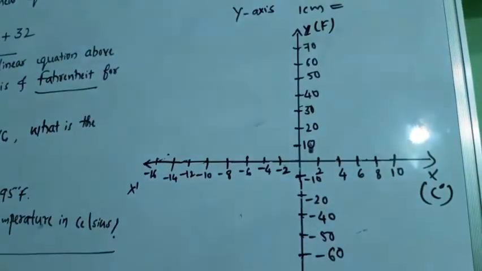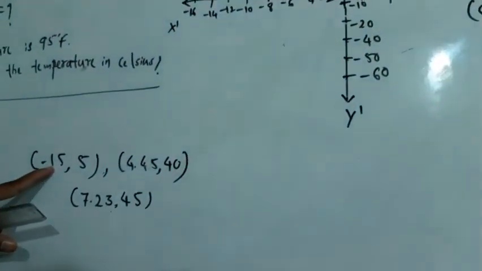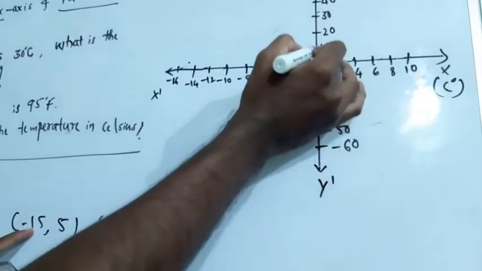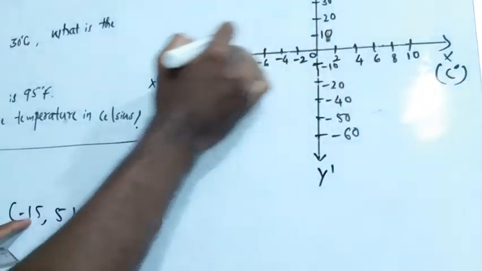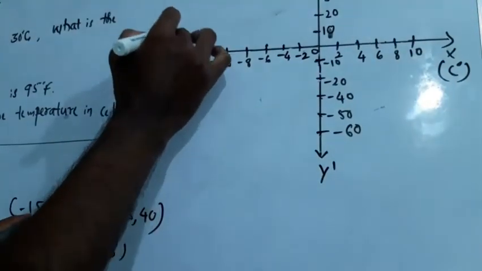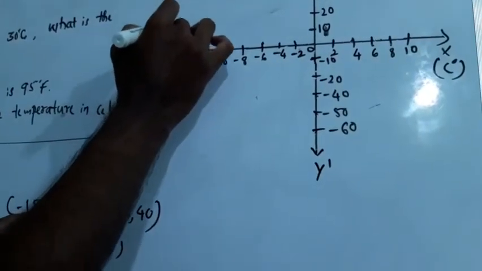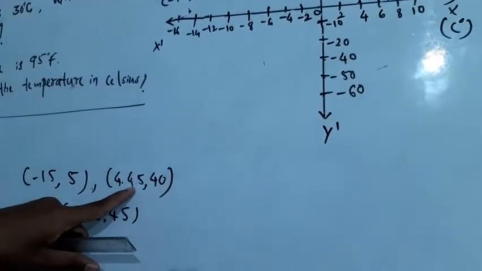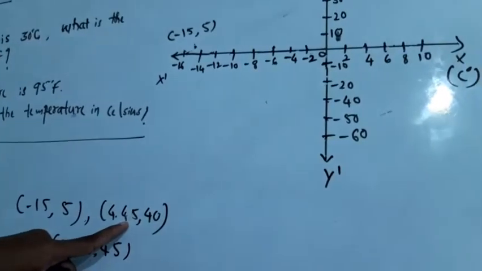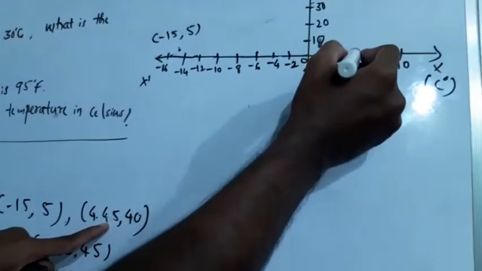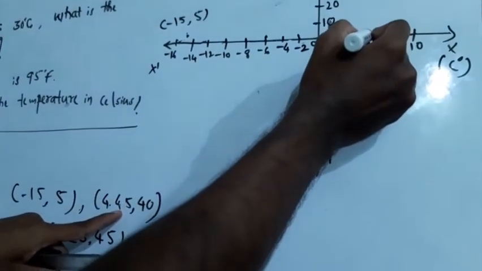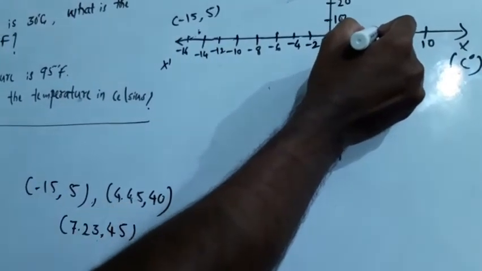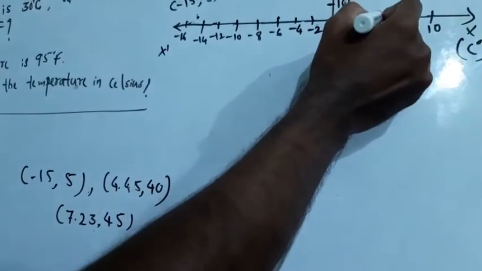Now minus 15 comma 5: minus 14, minus 15 somewhere here, comma 5 means in between 0 and 10, in the middle 5 will be there. So this will be minus 15 comma 5. Next 4.45, which will be nearly equal to 4.5. So 4 somewhere here, 5 will be there. In between 4 and 5, 4.5 will be there. 4.5 comma 40.